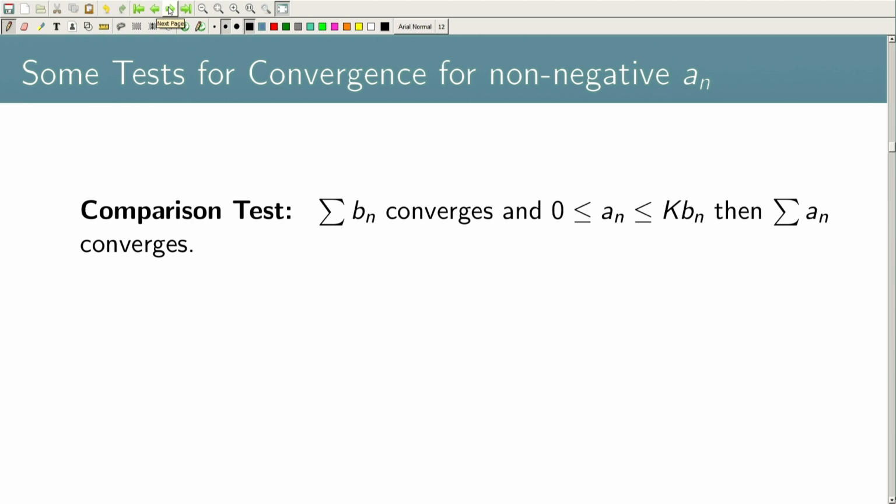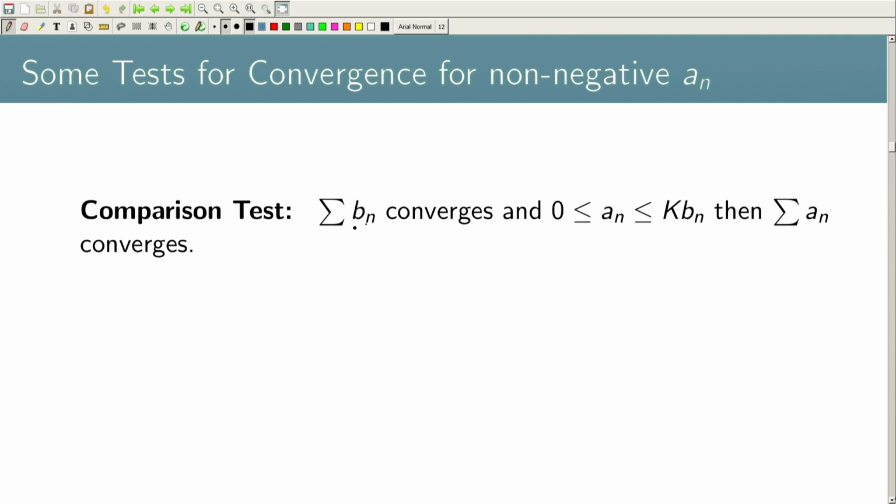Now, to test the convergence of a series, most of the tests we have learned are valid if our a_n's are non-negative. One of the very favorite and most useful among all the tests is the comparison test. That means we have a series which converges, and that series consists of non-negative terms b_n.